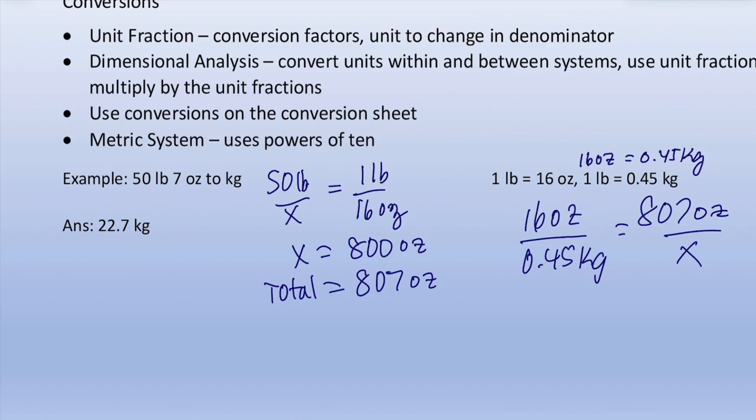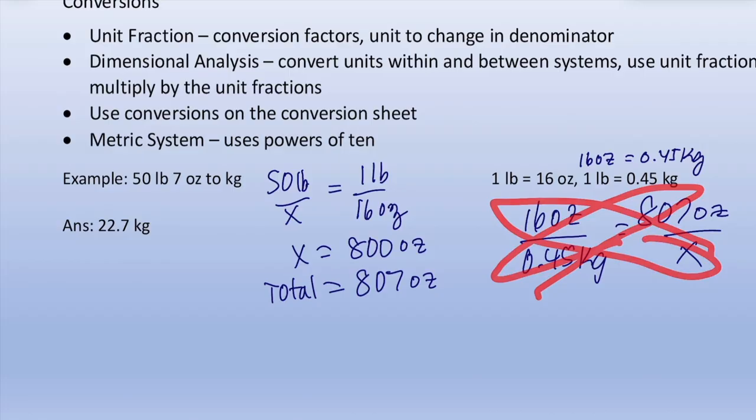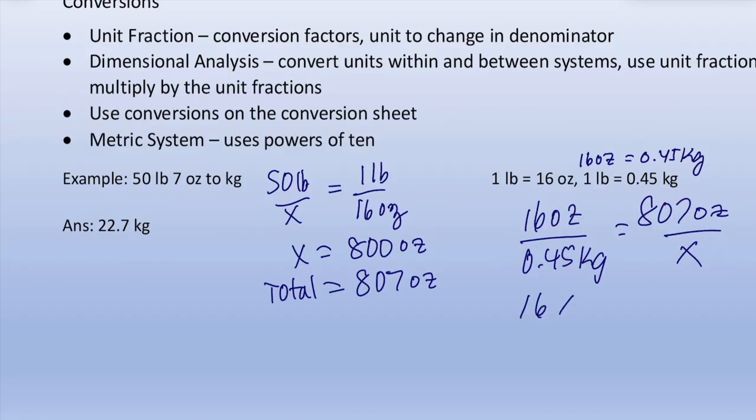So we're going to do two things. We're going to cross multiply here. We're going to cross multiply here. So we get 16x equals 807 times 0.45. Now my calculator reads two decimal places. I'm going to leave it like that. And then I'm going to divide off the 16.